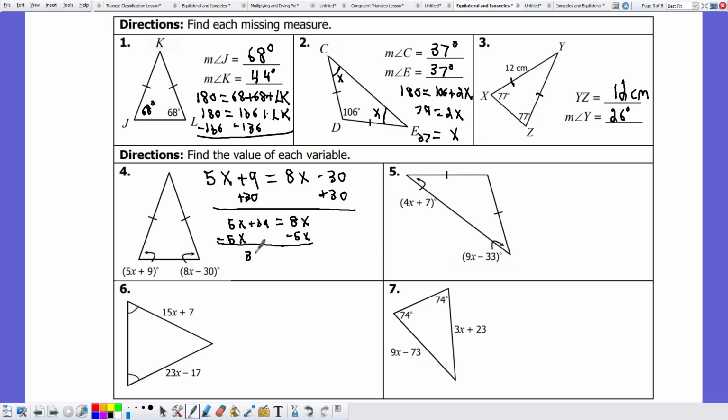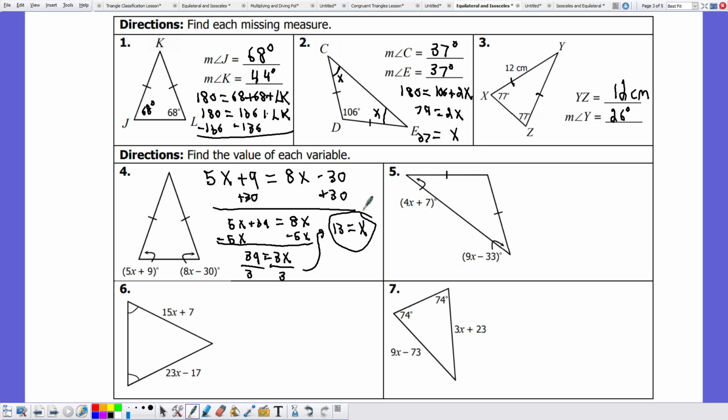And we get that 39 is equal to 3x. Divide by 3, and we have discovered that x is equal to 13, which is our answer. So again, even though there's a little bit more algebra involved, the logic still remains the same.